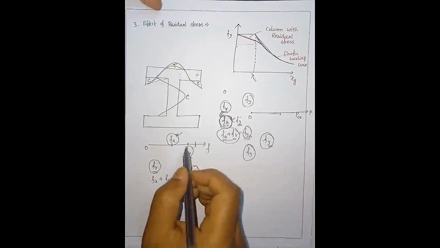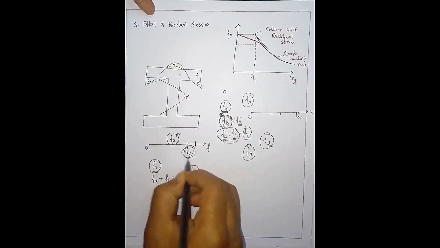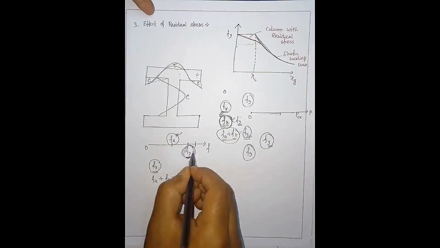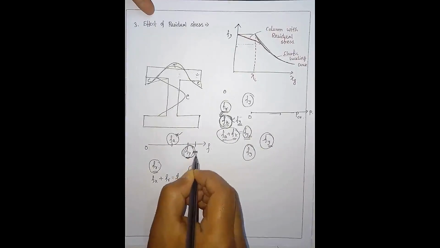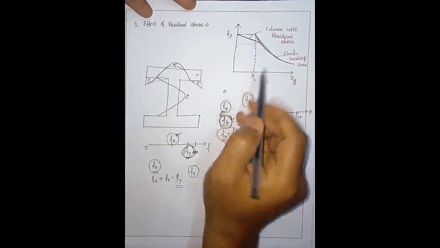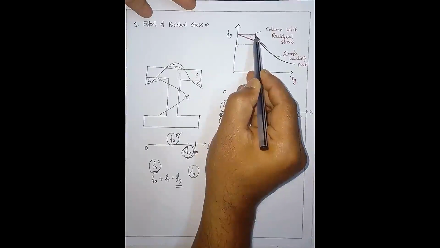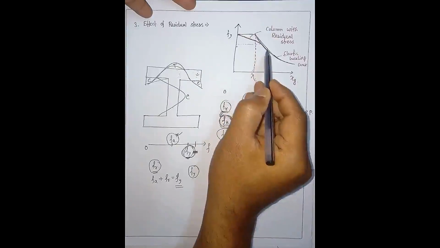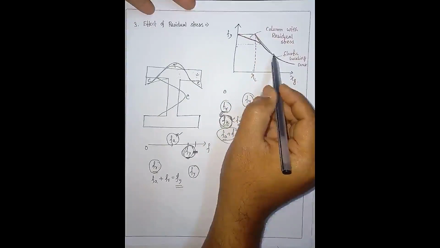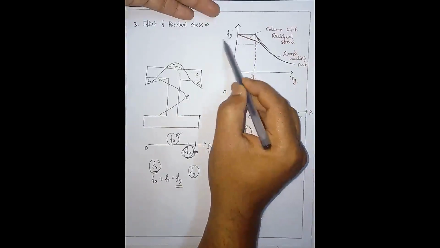Now, this behavior is very prominent near this Fy stress. That means Fy is the governing stress in case of a short column. But in case of a long column, this is the behavior; the stress in a long column is hardly equal to this Fy.